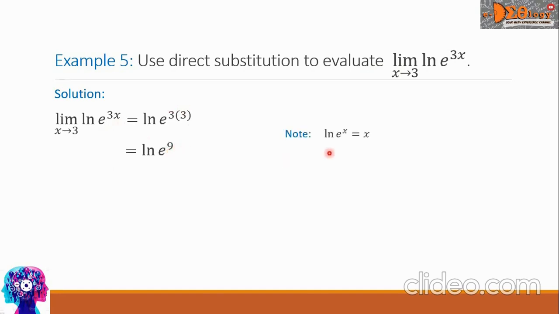Please remember that the ln of e raised to x is simply the x, and that is for x to be greater than 0, or we say x must be a positive value. It means we can simplify our expression here to be simply 9, or that exponent. This is our final answer.